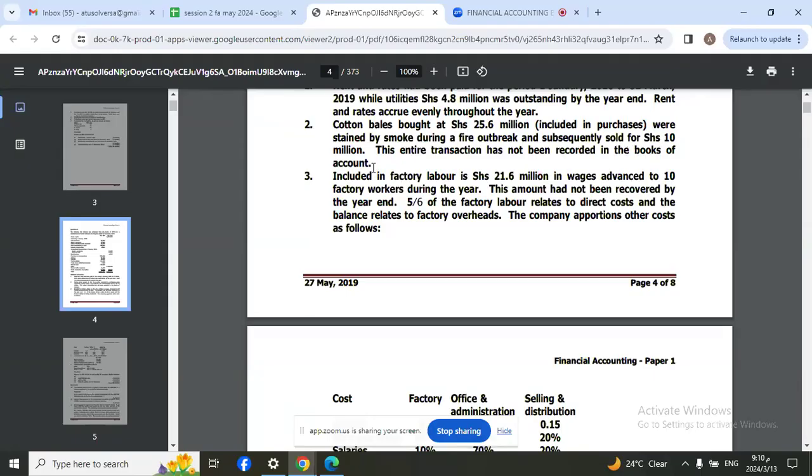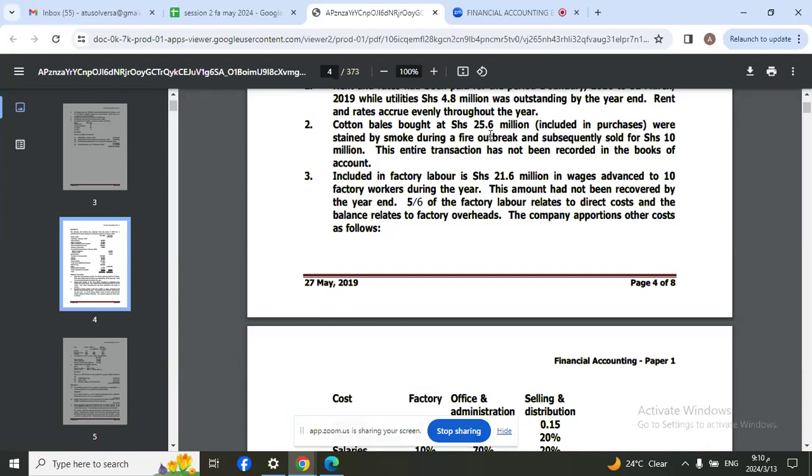So it means by the moment they made the closing stock, they had already accounted for it, whereby though they had not yet taken it into the books of accounts, they had already removed this one from our stock. Okay? So it means we are not going to remove the 25,600 from the 30,000. Yes?